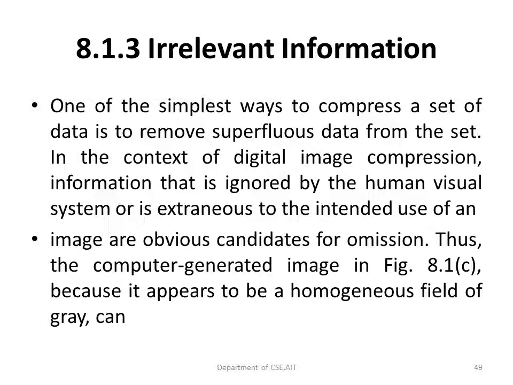That means what we are talking about is the superfluous data from the image. Take the computer generated image in figure C, which is a homogeneous field of gray color. For this image we will see now how the irrelevant information can be removed.